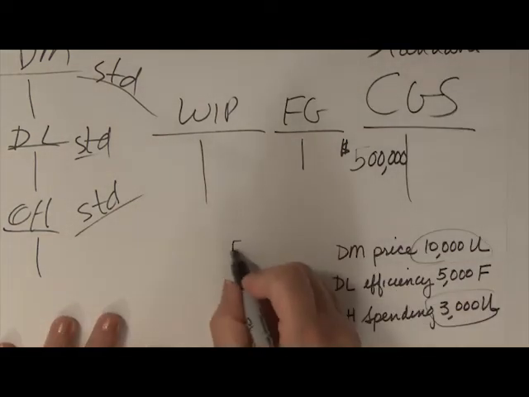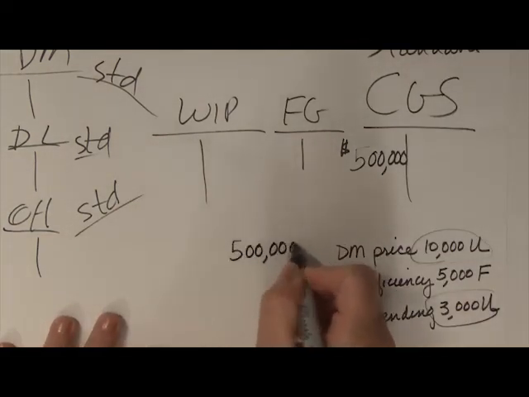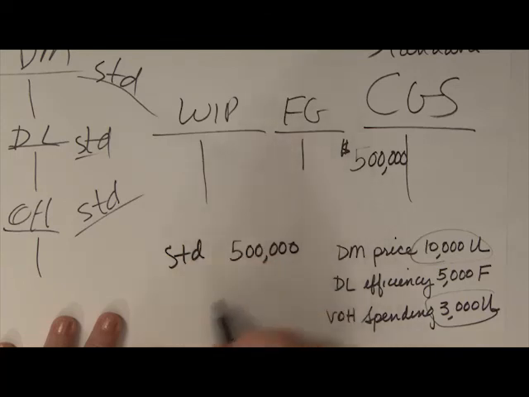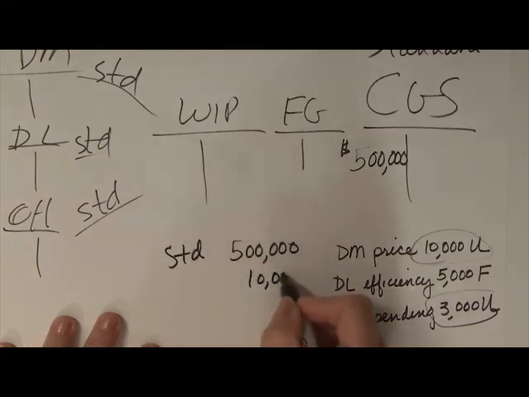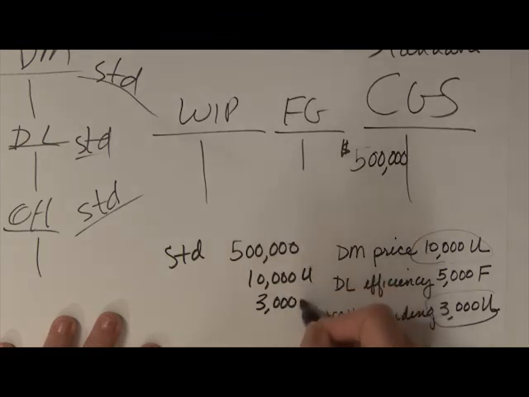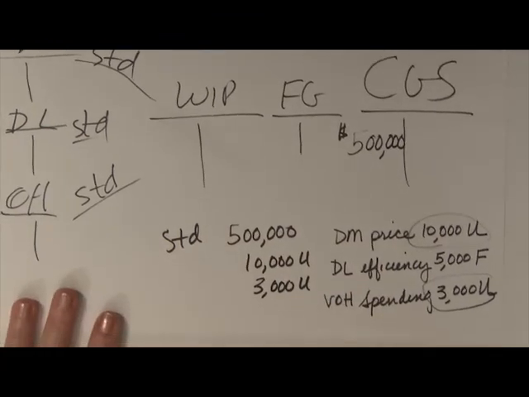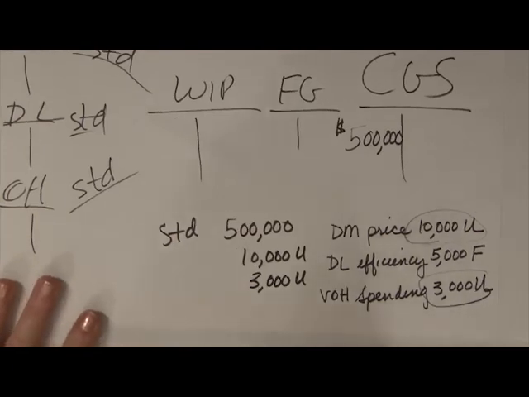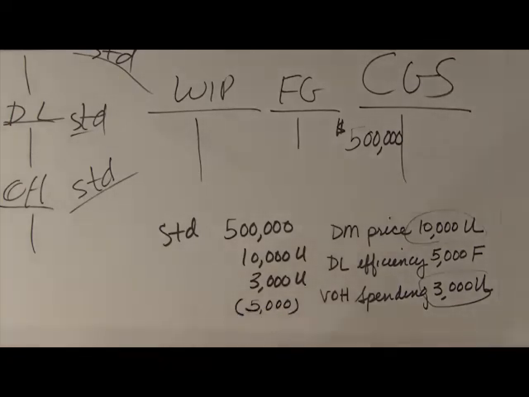So we would take our $500,000 that's at standard, and we would add all the unfavorable variances. So we add the unfavorable to get it to actual, and then we subtract any variances that are favorable. The reason we do that is because we sent too many costs through at standard, and it turns out the costs were less than at standard, which means they were favorable.